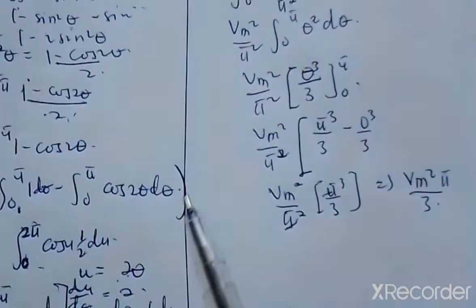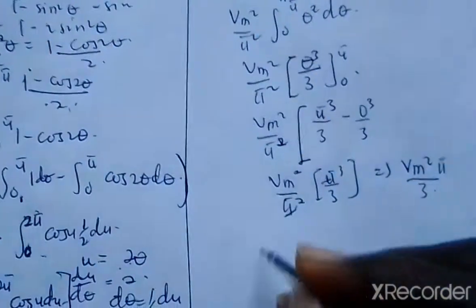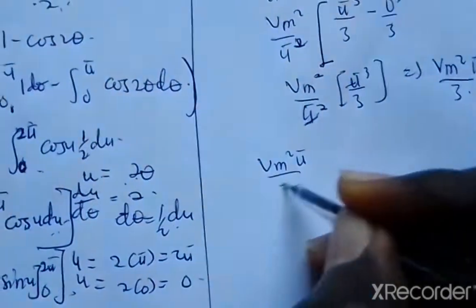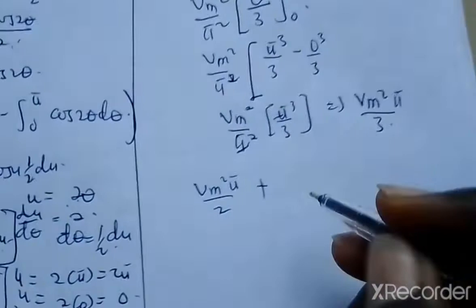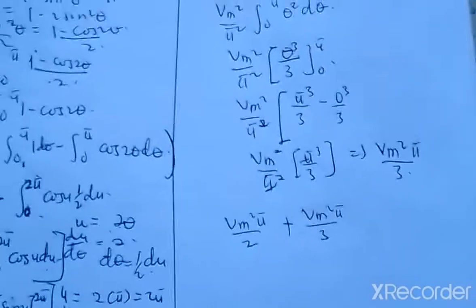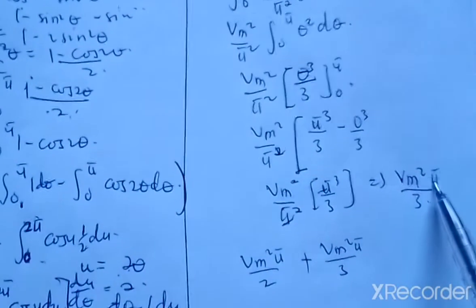So this is also the area under the square triangle part. So the total area under the square cycle will be the area for this one, that is Vm squared pi on 2, plus Vm squared pi on 3 for the triangle part. So from here you can see that the area under the squared cycle of every right angle triangle wave is equal to Vm squared pi on 3.